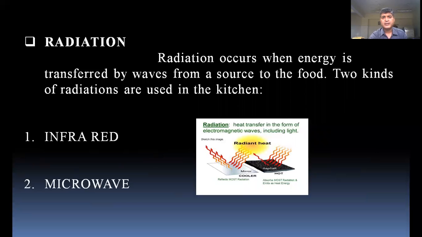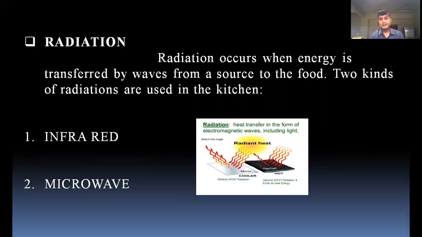Next is radiation. This also deals with the heating up of any material or food item to be cooked. Radiation occurs when energy is transferred by waves from a source to a food.